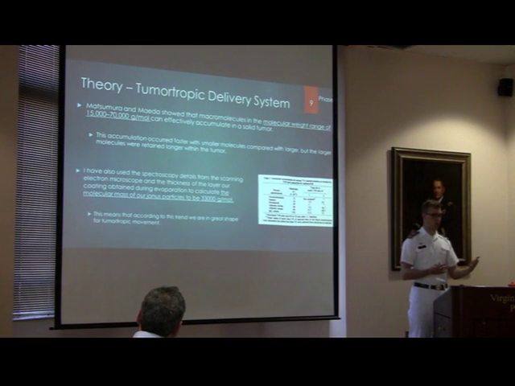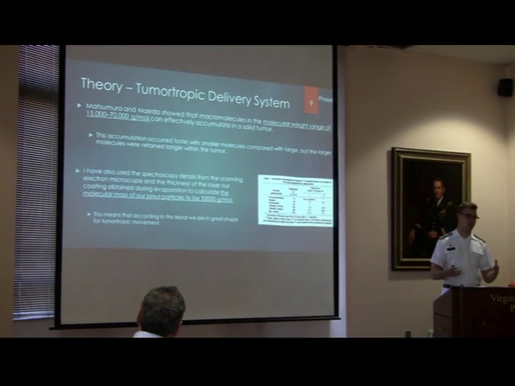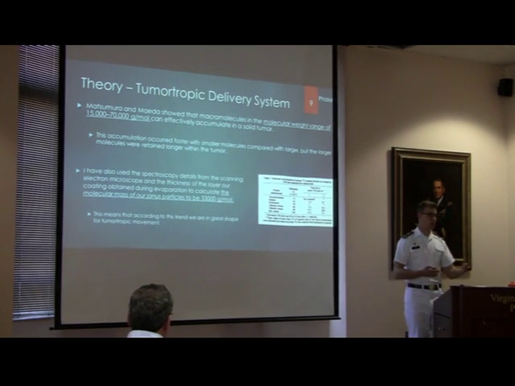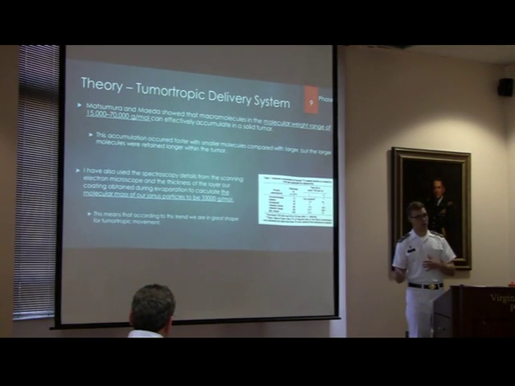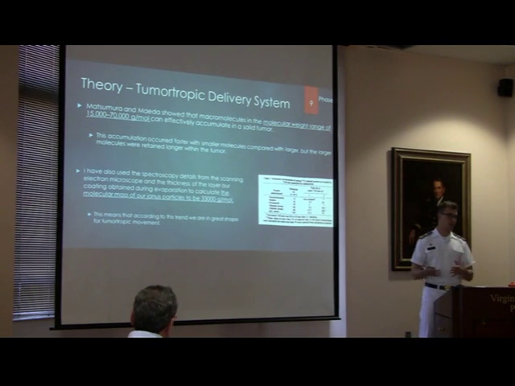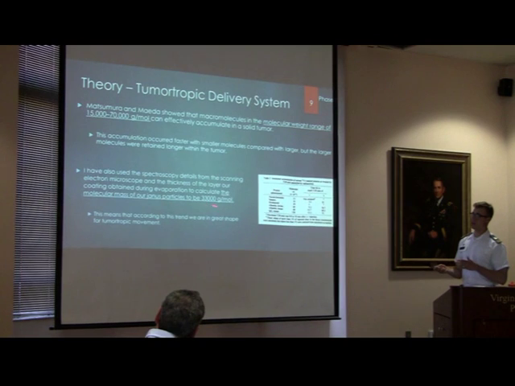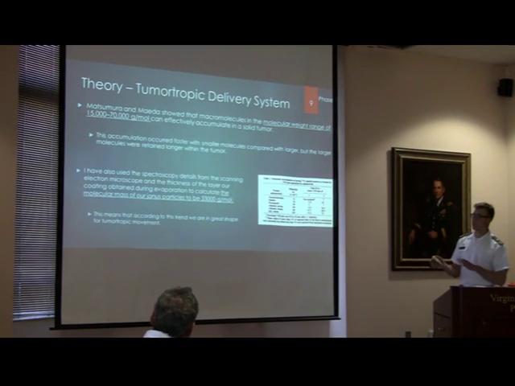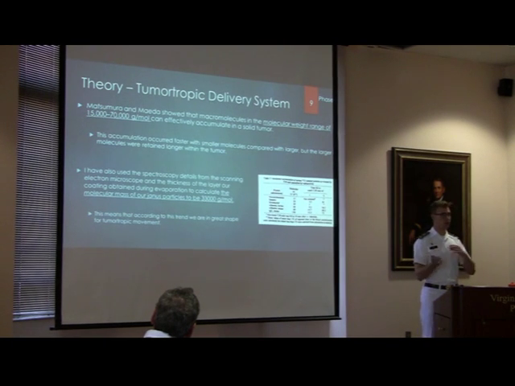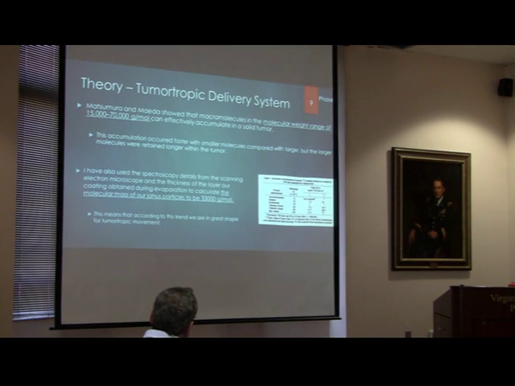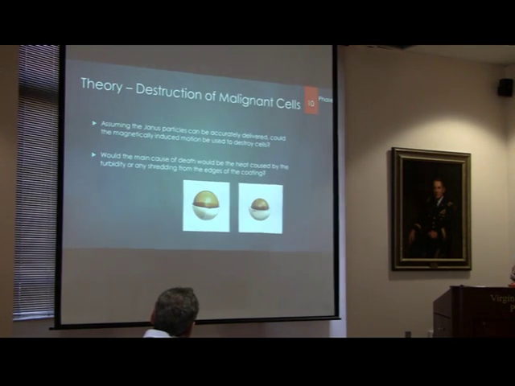So the stuff we were talking about earlier, I found it was 140 nanometer thickness on average, and the details from the scanning electron microscope in our lab told us just what elements were in the actual coating. So using those 2 things, I calculated the molecular mass to be around 33,000 grams per mole, which is perfect because it puts us in great shape for that tumor-tropic movement, so moving towards the tumor. So the theory was working out. We had some positivity going into the actual observation.